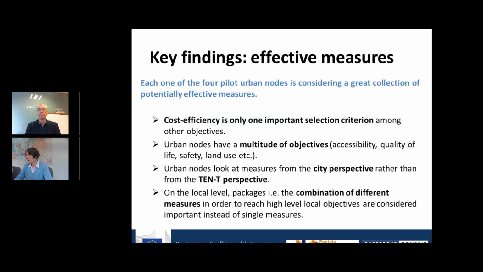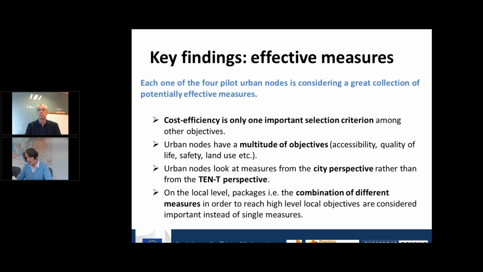What are the cost-effective measures? In reality, the four pilot urban nodes are considering a great collection of potentially effective measures, and cost efficiency is only one important selection criterion among the other objectives.